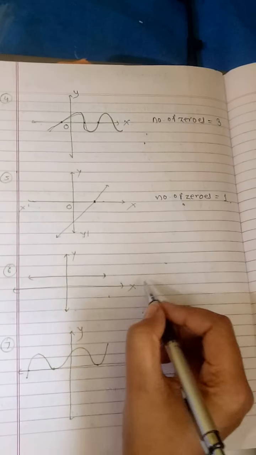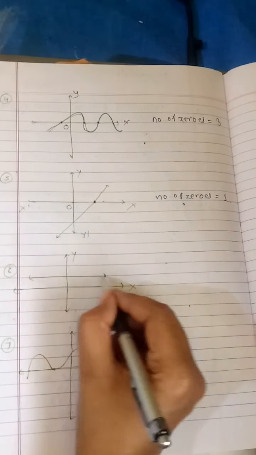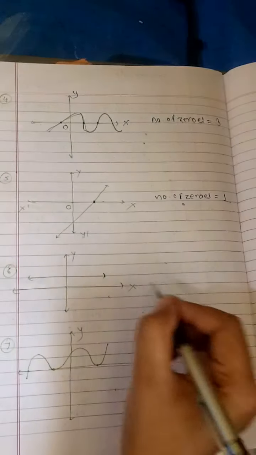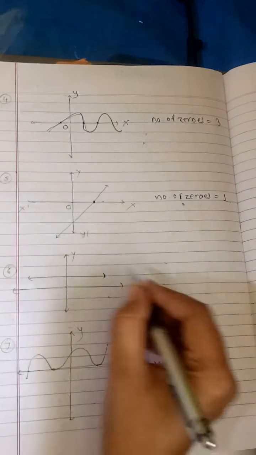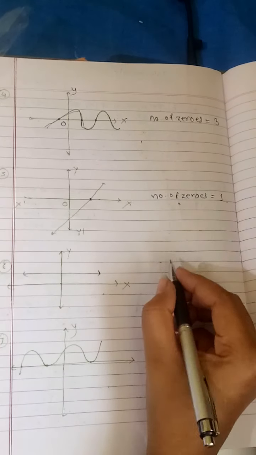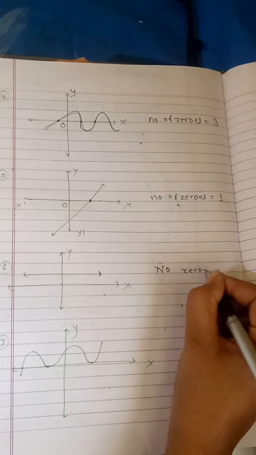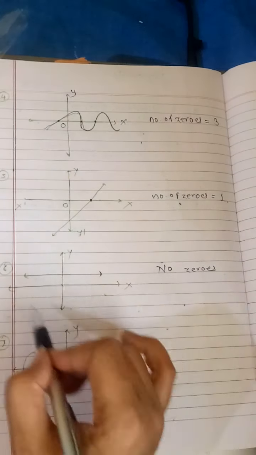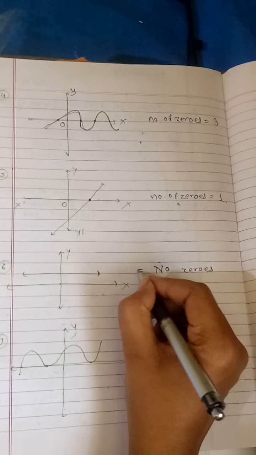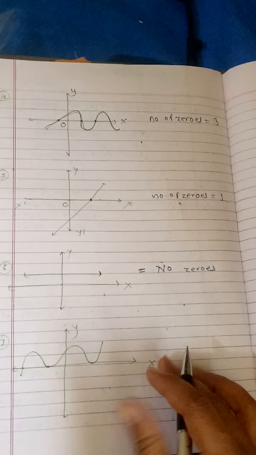This is also a line. Does this line intersect the x-axis? No. So there are no zeros. This line does not intersect the x-axis, so this polynomial has no zeros.